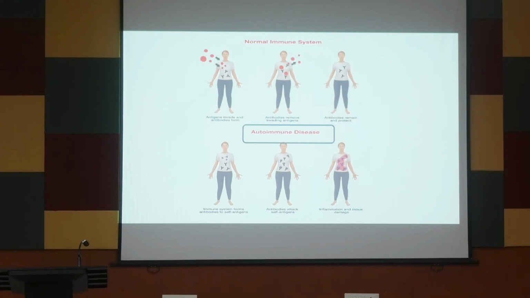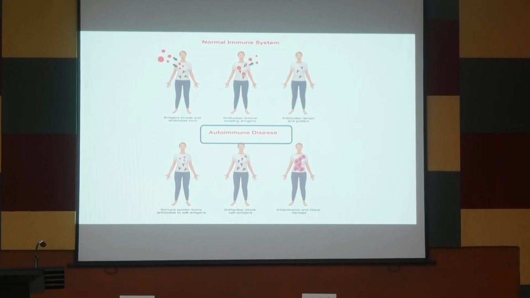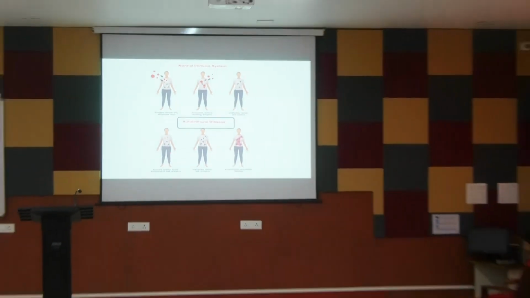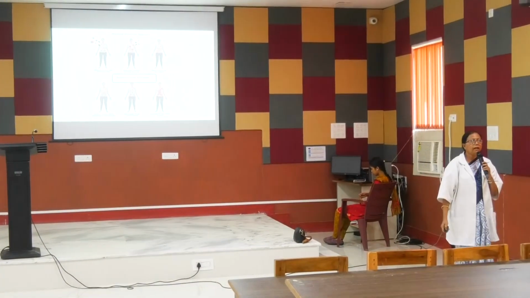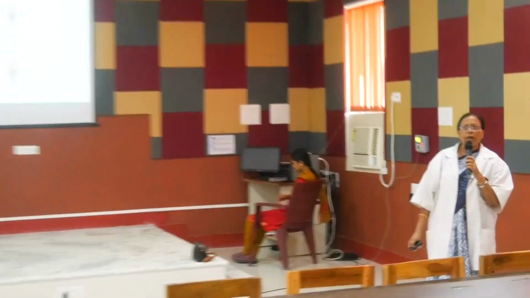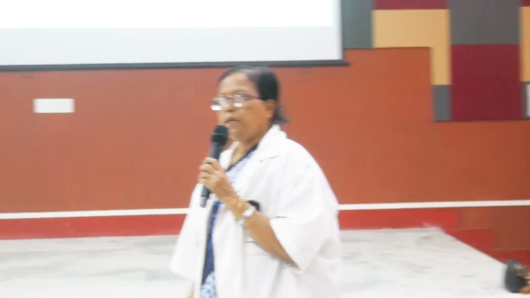But what happens if this immune mechanism reacts with an autoantigen? The antigen normally comes from outside, but here the antigen is already present in our body. That is called the self-antigen. If the antibody is produced against this self-antigen, the body will try to remove it, and will try to discriminate between the self-antigen and non-self-antigen.